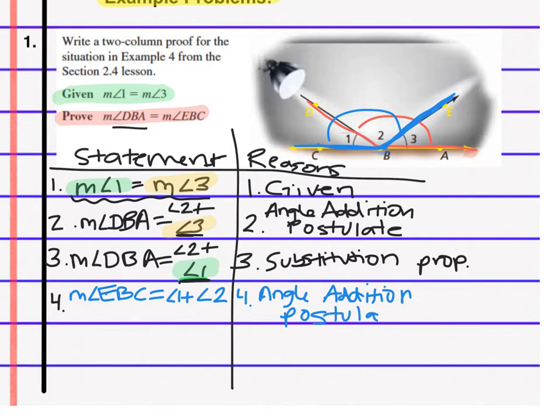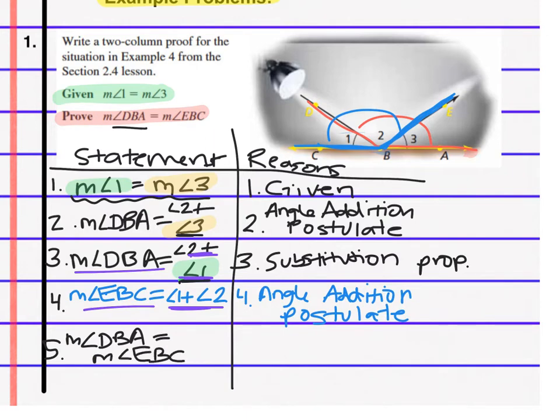All right, now let's look at what we have here. Okay, so here I have angle 1 and angle 2 is equal to EBC, and here I have angle 1 and angle 2 is equal to DBA. So if DBA equals angle 1 plus angle 2, and EBC equals angle 1 plus angle 2, then I can go ahead and say the measure of DBA is equal to the measure of EBC.